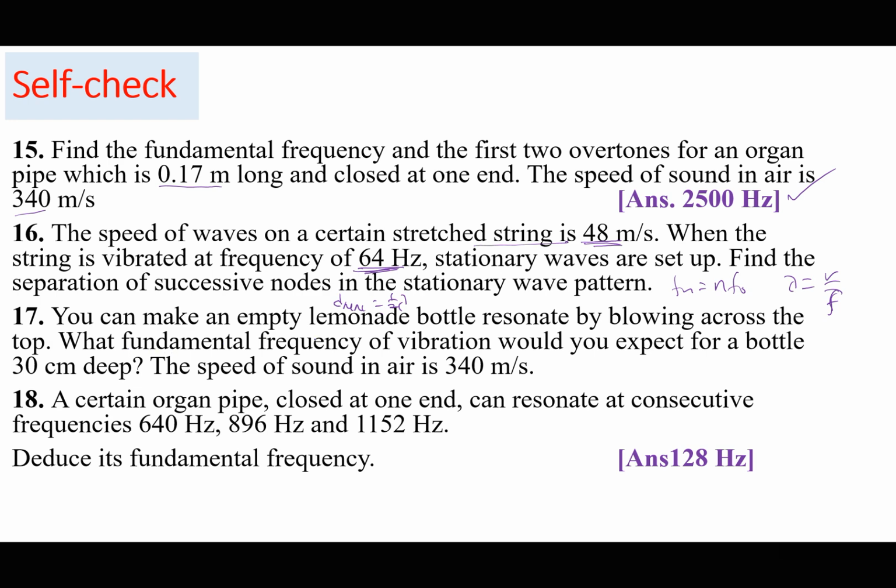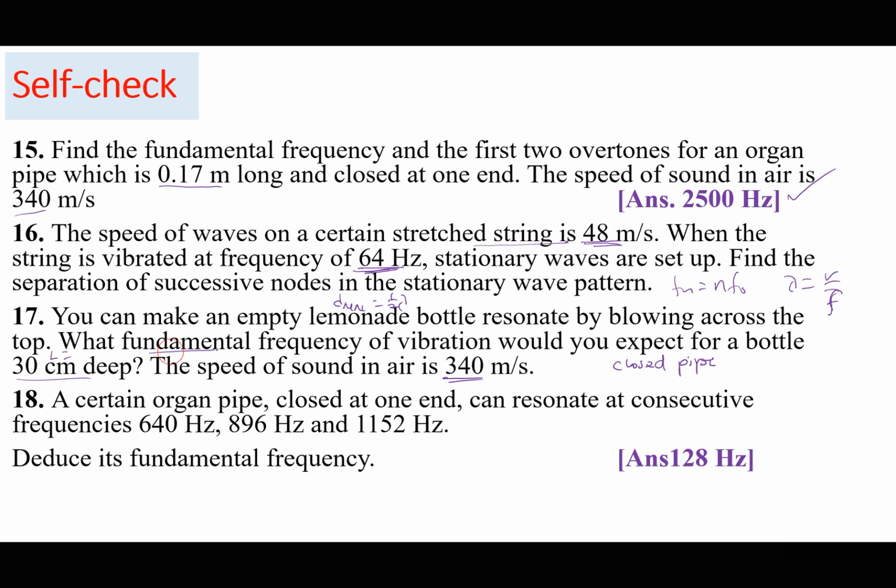You can make an empty lemonade bottle resonate by blowing across the top. What fundamental frequency of vibration would you expect for a bottle 30 centimeters deep? So L is 30 centimeters deep. So you can think about this as a closed pipe. The speed is 340.